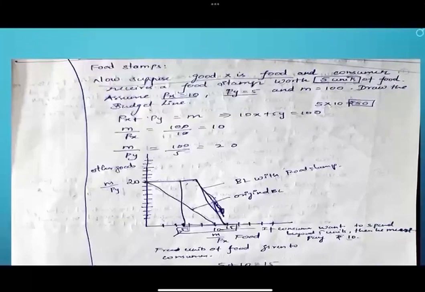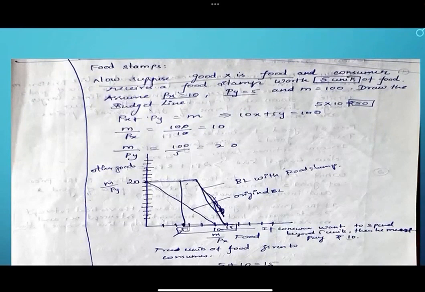Now you come to the question of the food stamp. What is the worth of the food stamp? 5 units. So up to 5 units people are free to purchase food without paying any price. So now plot 5 units straight to 20 units, because now people are purchasing 20 units of other goods and 5 units of food from the stamp.